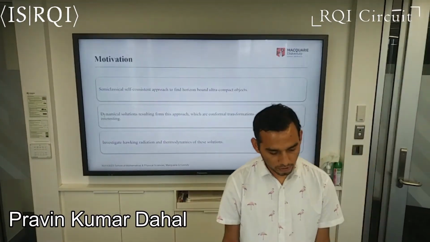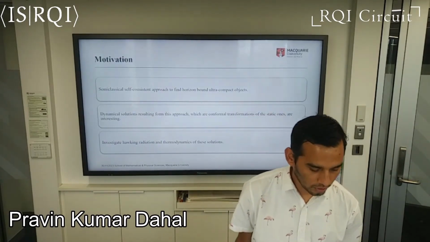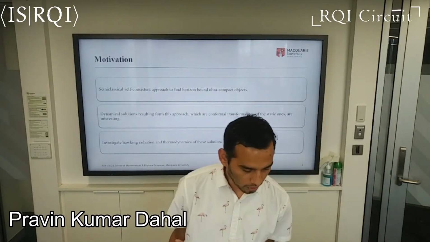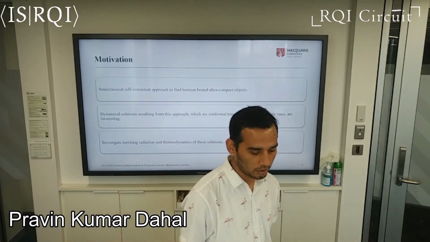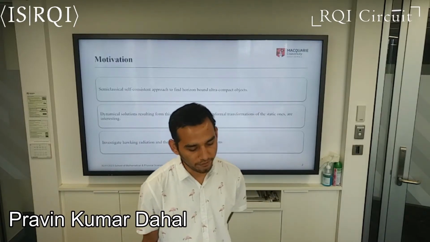So the motivation and the next logical step of this talk is as follows. We are first talking about the background. Why do we talk about dynamical black holes, and why do we take a specific dynamical metric?